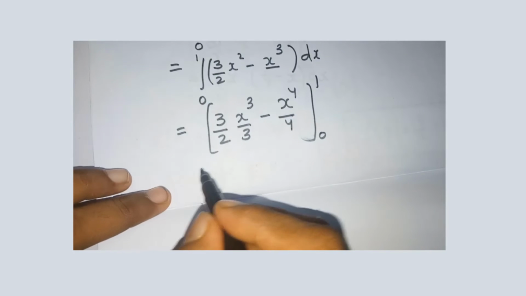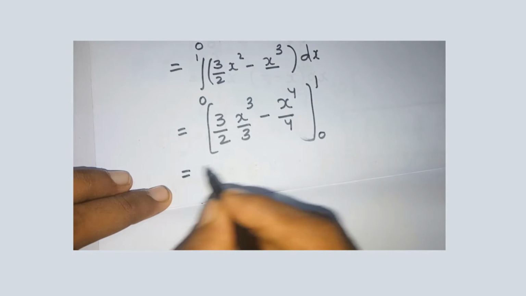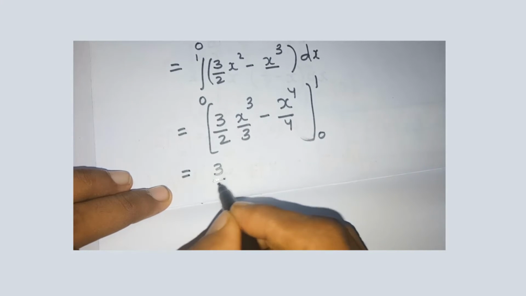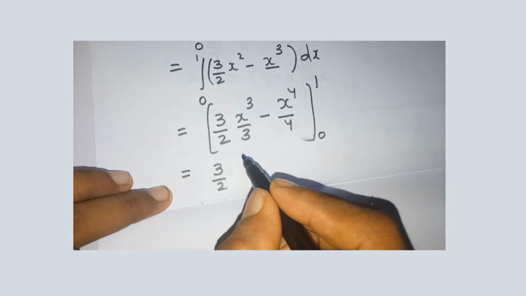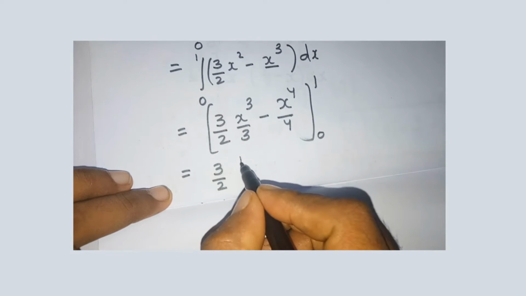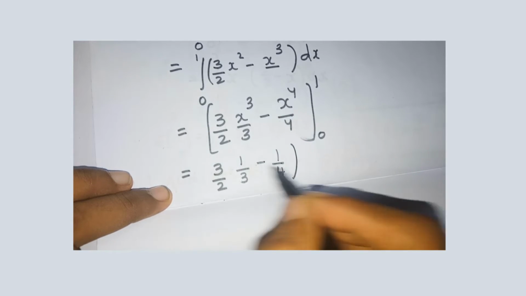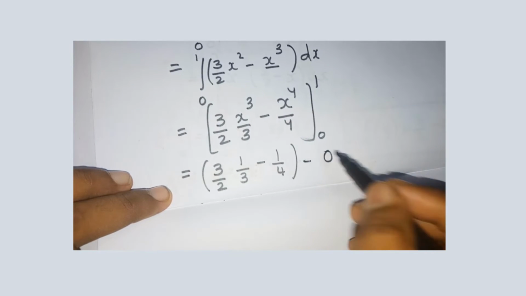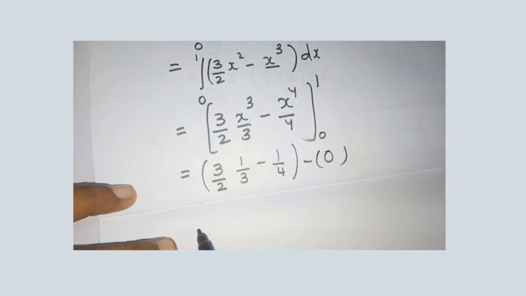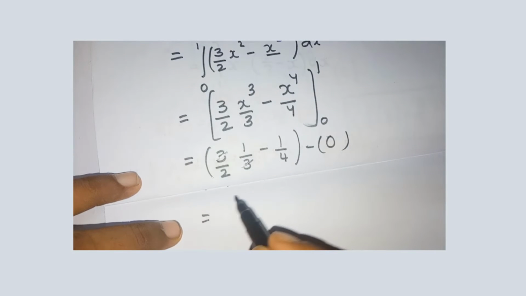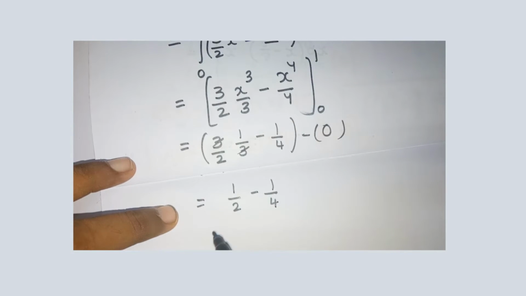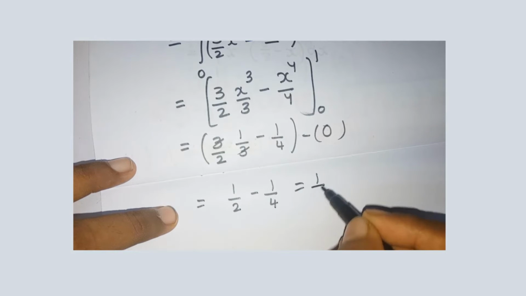Substituting the upper limit in x, I'll be getting 3 by 2 into 1 by 3 minus 1 by 4 minus 0. This 3 and this 3 will get cancelled, and we are left with 1 by 2 minus 1 by 4. So this will give me the value 1 by 4.